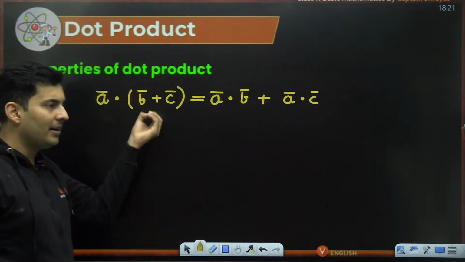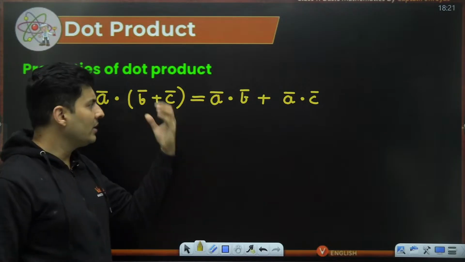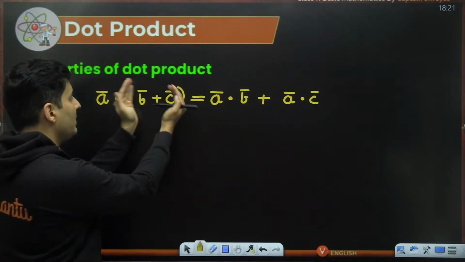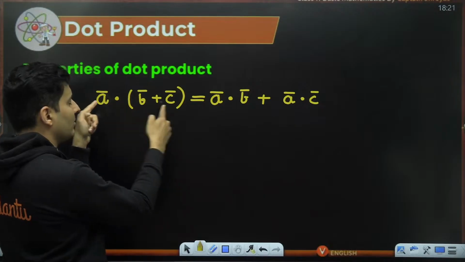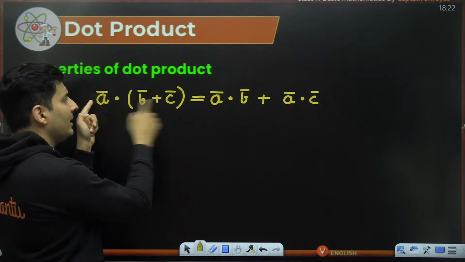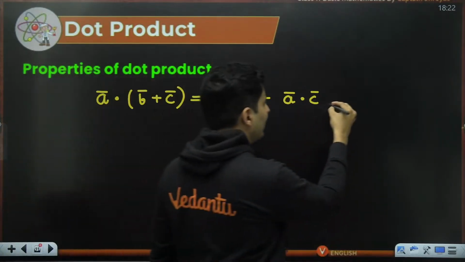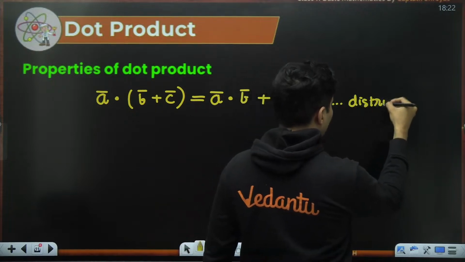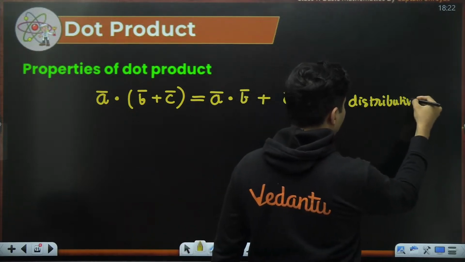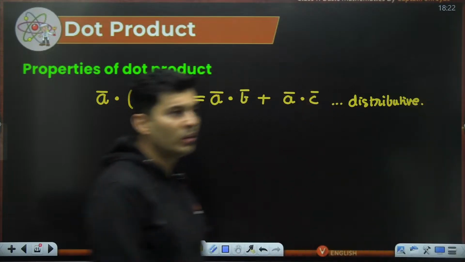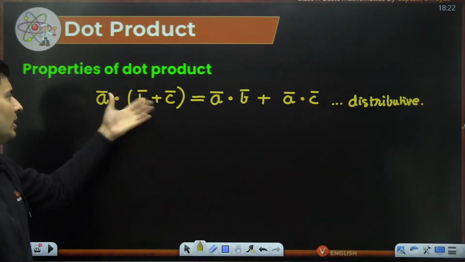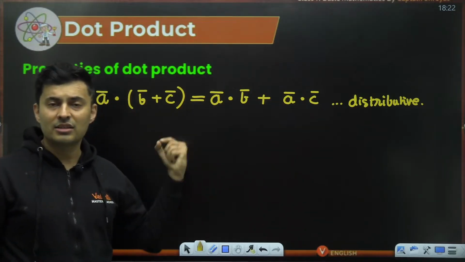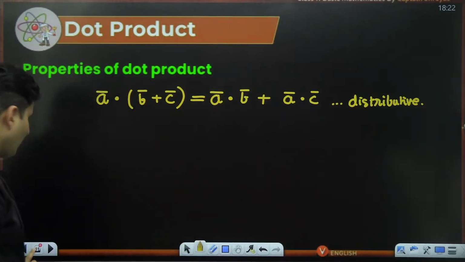So whether you add first and then multiply, or multiply and then add, irrelevant. So B plus C, I can open up the brackets and multiply it individually. This particular property is called distributive property. I can distribute A with B and also with C. That is why it is distributive in nature. Is that clear?